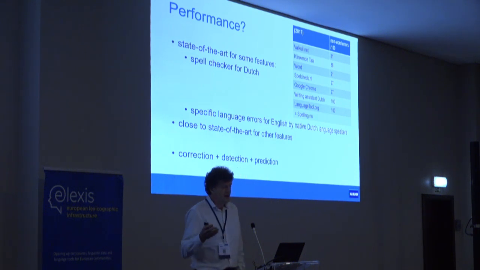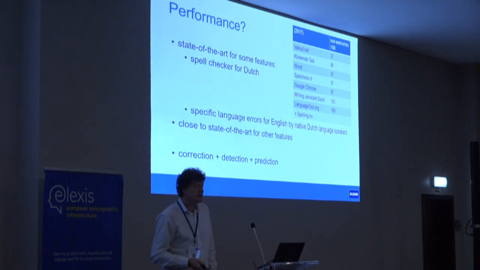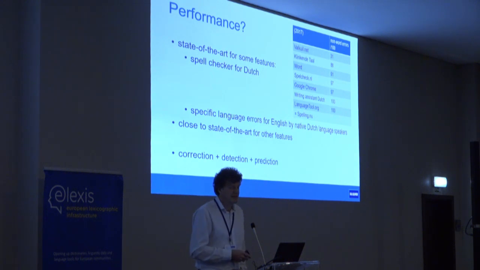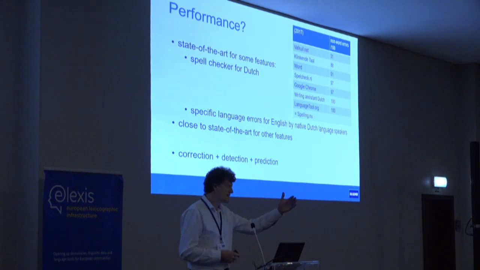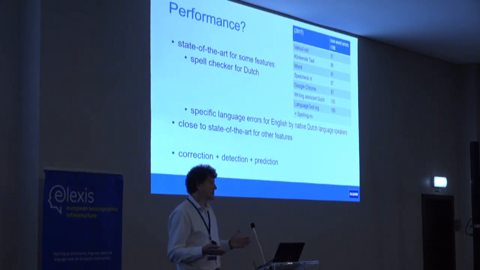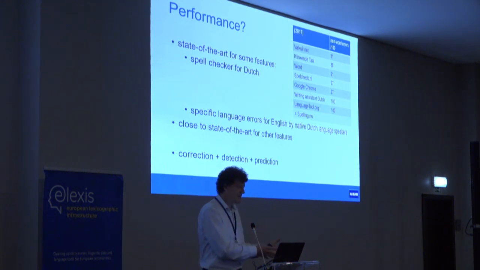For specific language errors for English, made by native Dutch language speakers, we are certainly also state-of-the-art because we have a long list of those kinds of errors. For other features, probably not. Grammarly is probably better than us for a lot of things. We are better than Grammarly for others.